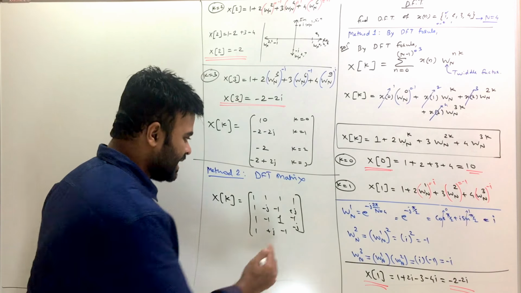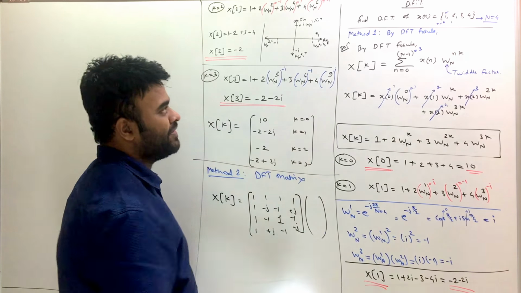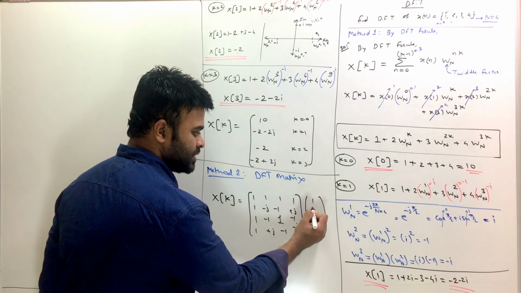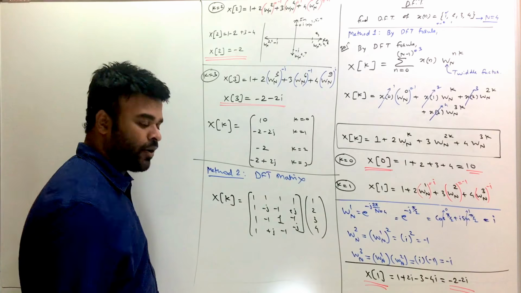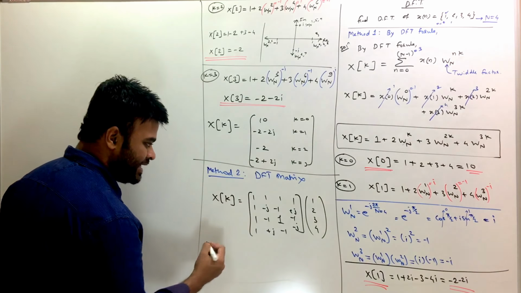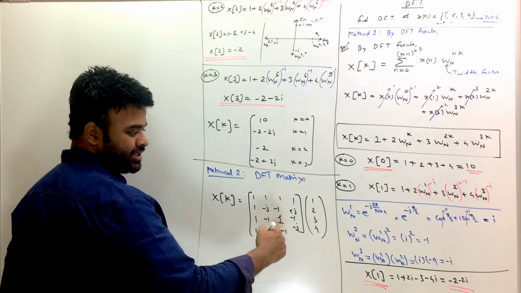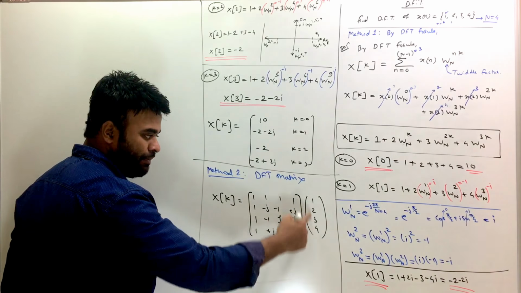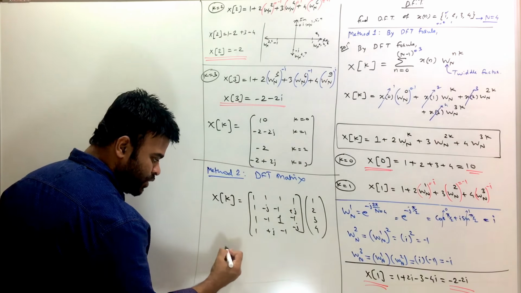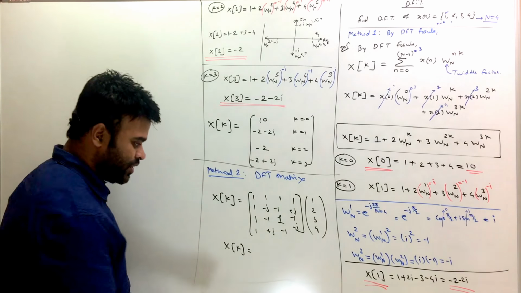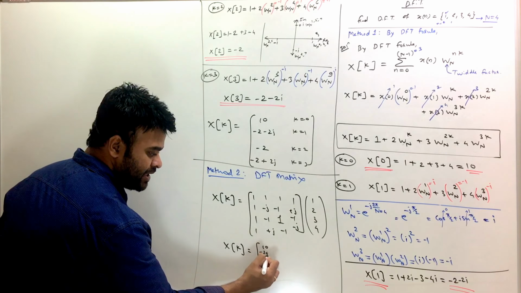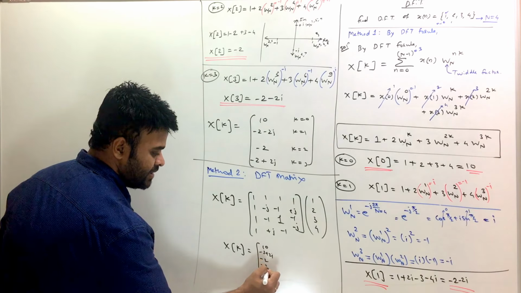Multiply this matrix with whatever x of n you have. You have x of n values as 1, 2, 3, 4. Then multiply these two, row by column. Once you multiply these two, this is a 4 by 4 matrix and this is a 4 by 1 column matrix. So when you multiply the two, you will get xk, and of course the xk values will be exactly the same as this. So your values are going to be 10, minus 2 plus 2j, minus 2, minus 2 minus 2j.